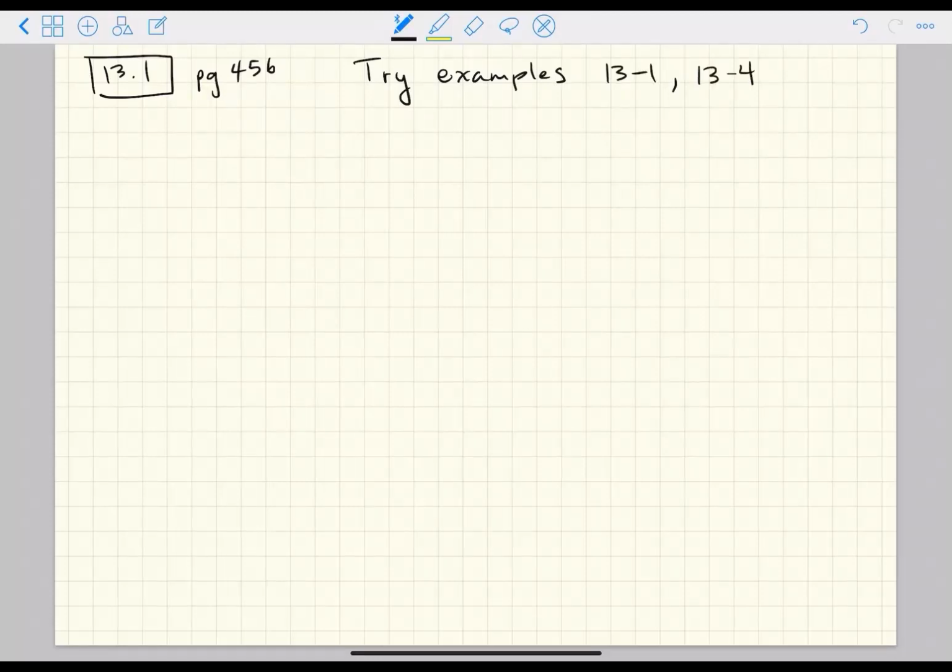Now those solutions are worked out for you in the chapter, but what I would suggest is read the question first, and then without looking at the solution, try those questions on your own. After you've gone through this video, try them out, and see how well that works for you. If you're having a great deal of difficulty, the solutions are right there, so look at that.